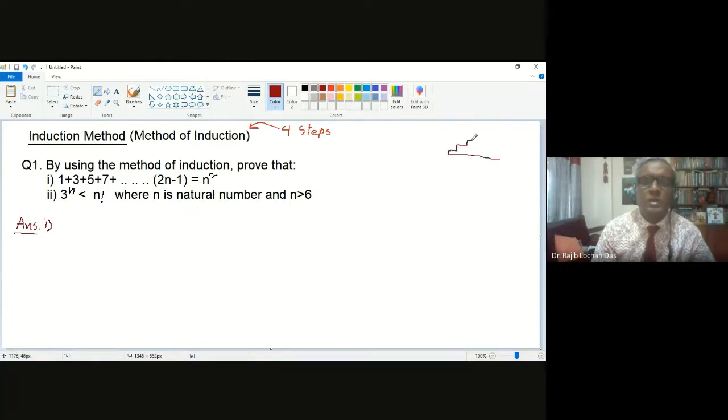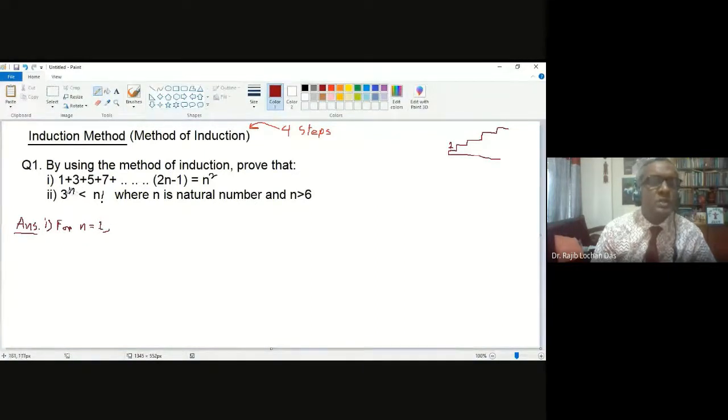Normally it is 1. So you apply the theory with the first step. If you apply 2 or 3, fine, no problem. So what you do, you check for n equal to 1. That means we are taking only the first number.